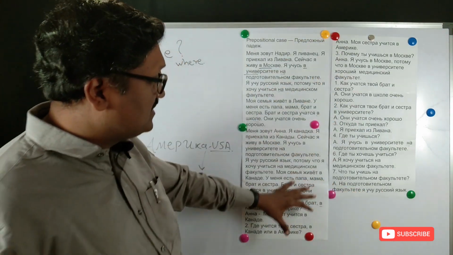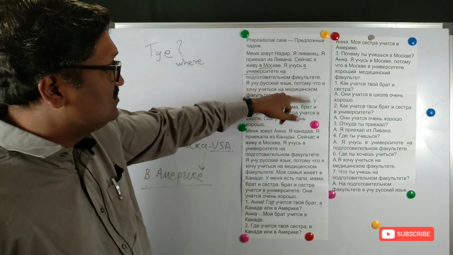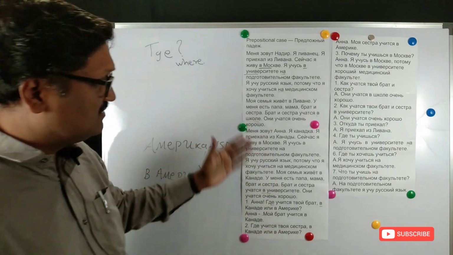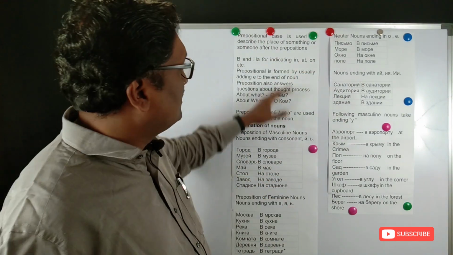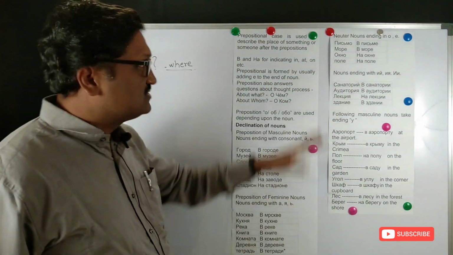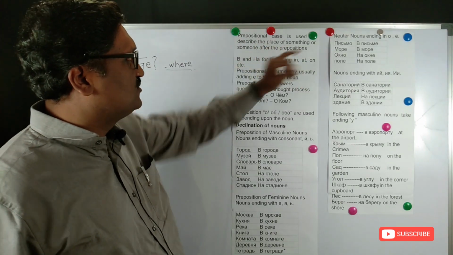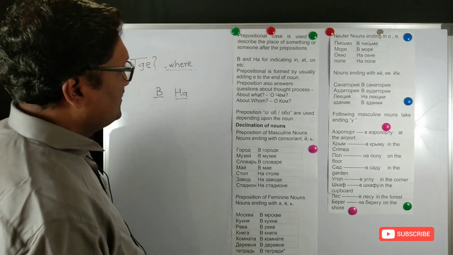So this way the prepositional case, the use we have seen how it is coming. В is used, на is used, and how the nouns are changing, that we will see. The prepositional case can be summarized like this. The prepositional case is used to describe the place of something or someone after the prepositions. Now which are the prepositions? В and на.